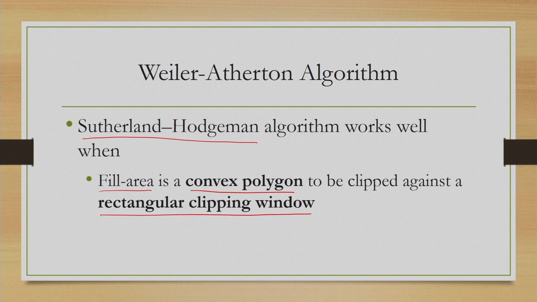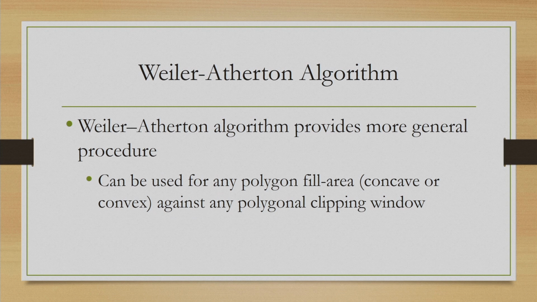So, if these conditions are satisfied, then the Sutherland-Hodgman algorithm works well. However, that need not be the case always, and the Weiler-Atherton algorithm provides a more general solution. This algorithm can be used for any polygon, either concave or convex, against any polygonal clipping window, not only a rectangle. Let us see how it works.